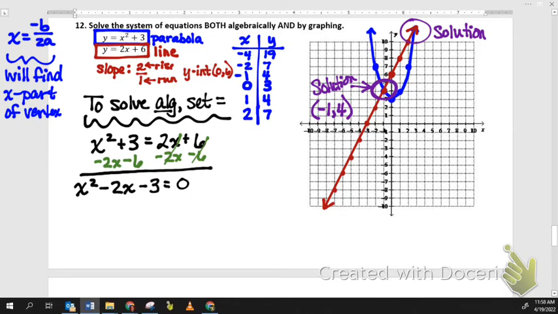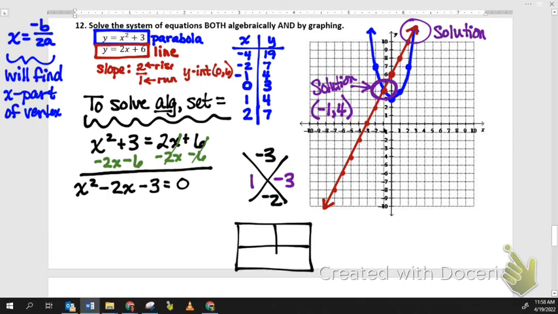Can we try factoring this? Yes. In fact, because of what we could see up there, I already know one of the 2 numbers. What is one of the x's going to be? -1. Well, that's an answer, so it'd be opposite 1 and -3. We did an x box for this already, but I'll go ahead and do it again.